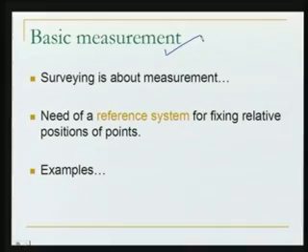As I have written here, surveying is about measurements, isn't it? In both cases, whether we are bringing the ground into the laboratory or taking a design from our map onto the ground, we need to do measurement.